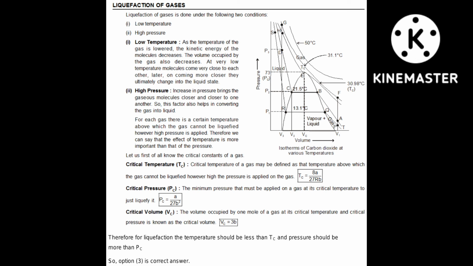Liquid and gas can be distinguished only when the substance is below its critical temperature and its pressure and volume lie under the dome structure, which I have told you about.